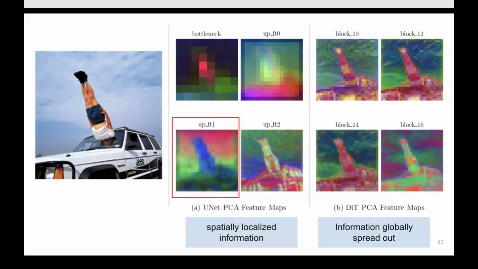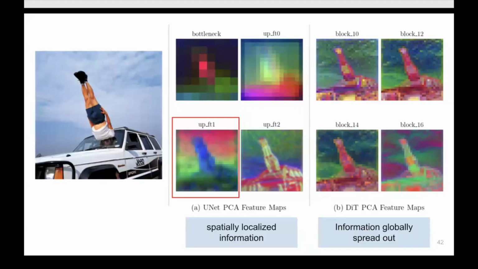We were trying to align with the image, and we wanted the semantic object person to be separated out compared to the semantic object of the car. So that is sort of what drove our visualization, that maybe the separation is cleaner when we are using the up-feed one of the UNet compared to the DIT based.